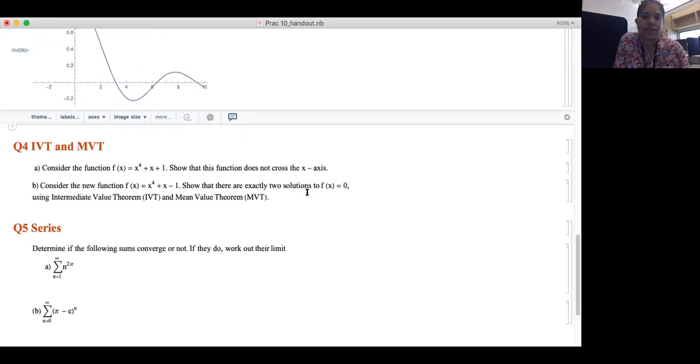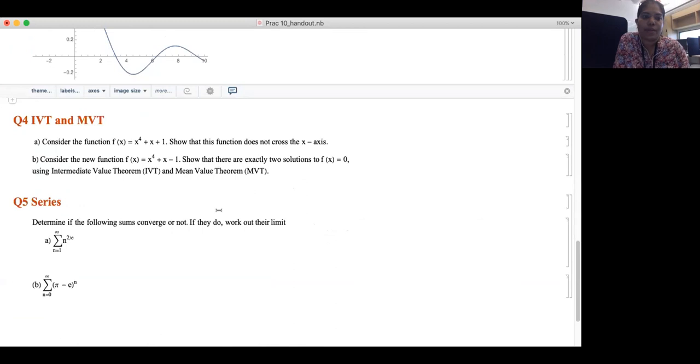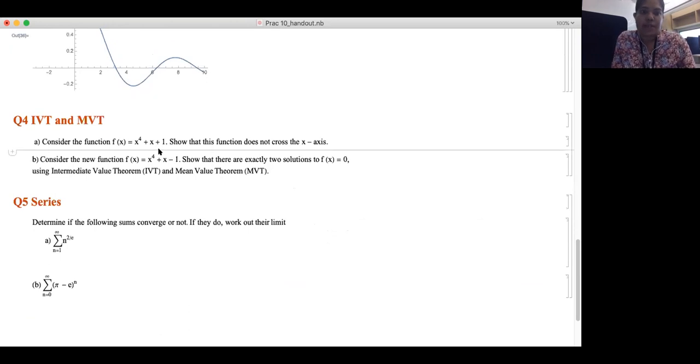Okay, let's go to question 4. Consider the function f(x) equals x to the power 4 plus x plus 1. Show that the function does not cross the x-axis. How would you approach this? You may wish to use the intermediate value theorem.